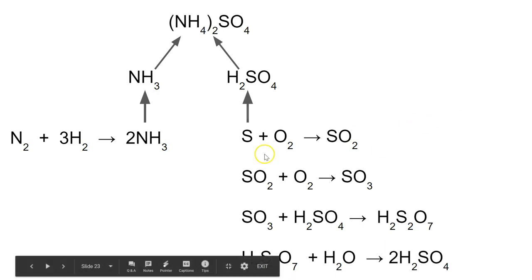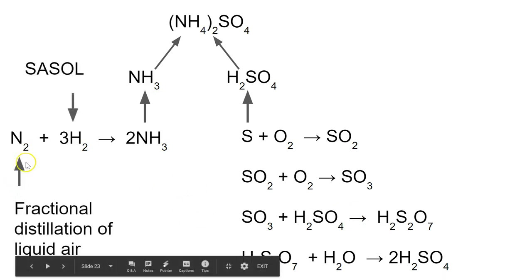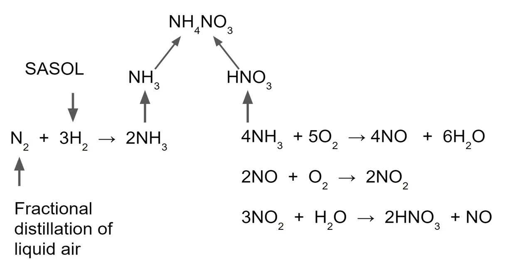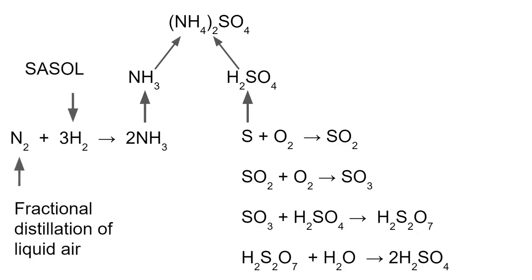And you need to be able to write down all these balanced equations. And then in the Haber process, you must also know where nitrogen and hydrogen come from. If you are able to write down these 2 diagrams off by heart, this one creating ammonium nitrate and this one creating ammonium sulfate, then you are well on your way of understanding this chapter.